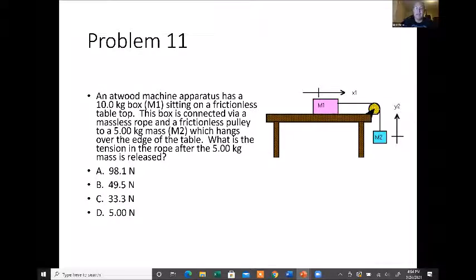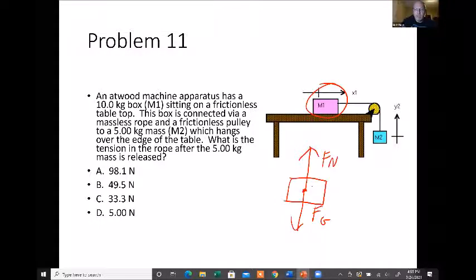I'm going to think about just box M1 for right now, and I'm going to draw again a free body diagram for it. I've got weight acting down, normal force acting up, and tension force acting this way.